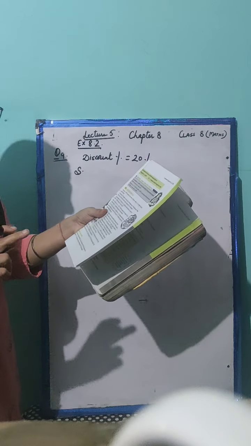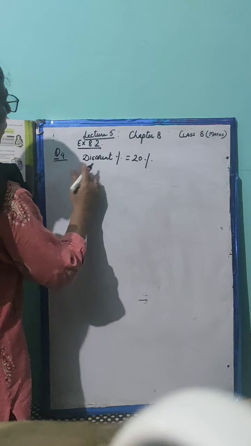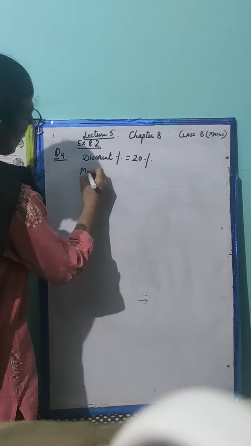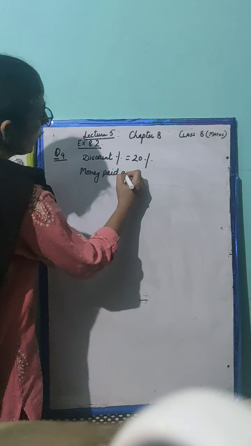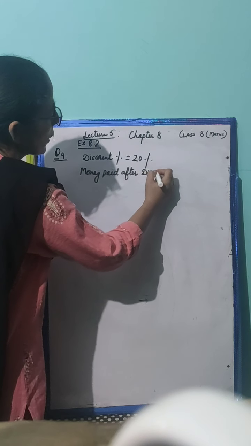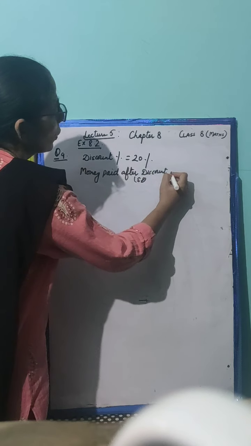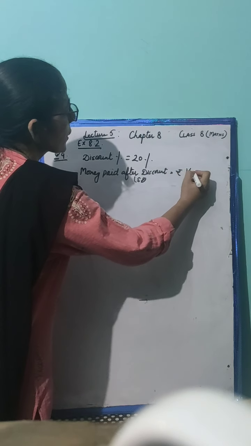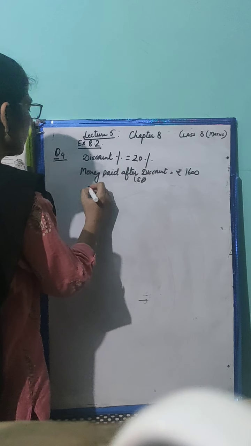I am writing selling price because Arun has bought after the discount. Money paid after discount is equal to the selling price, which is given as rupees 1600, and we have to find the marked price.